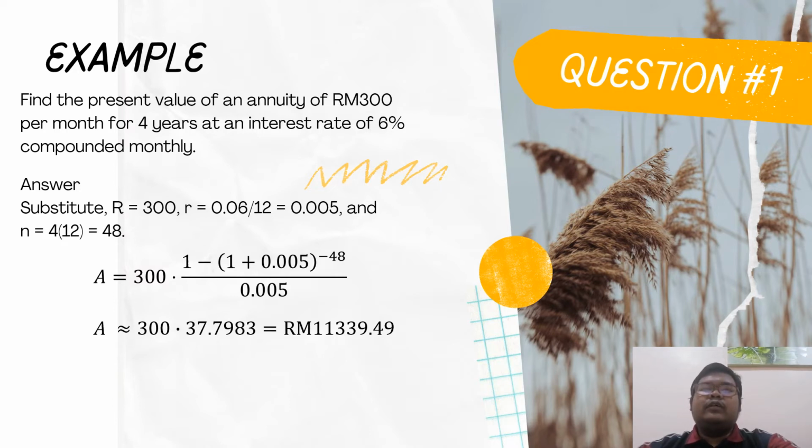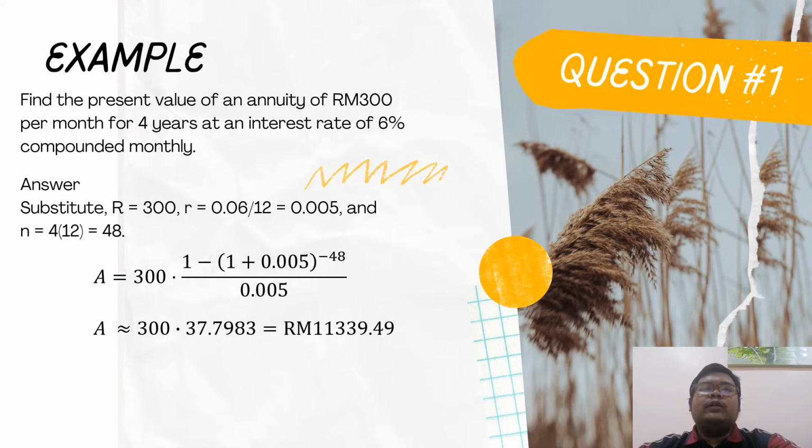The answer: first we substitute R equals 300, r equals 6% interest rate, 0.06, divided by 12 because it is compounded monthly, equals 0.005, and n equals 4 years times 12 months, equals 48 months.